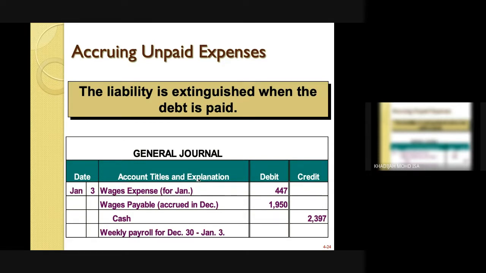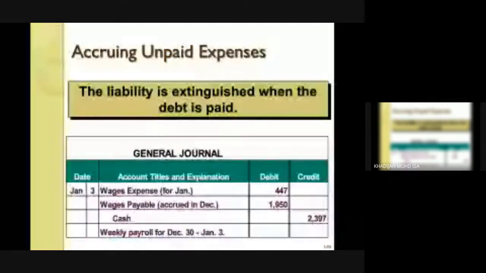Let me see. Weekly payroll, December 30th, 30th, 31st, 1, 2, 3. Then here 5 days. 5 over 31 times 1950.